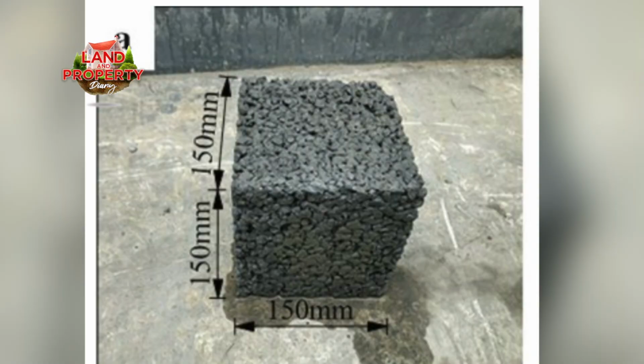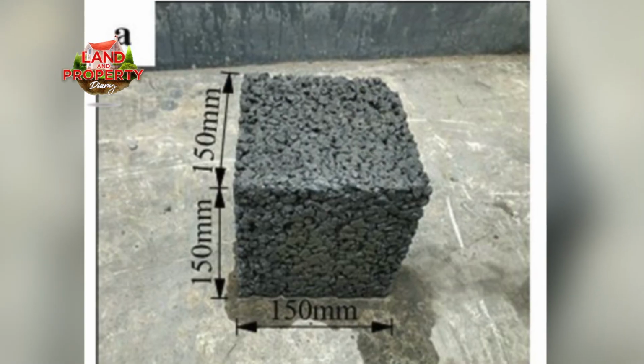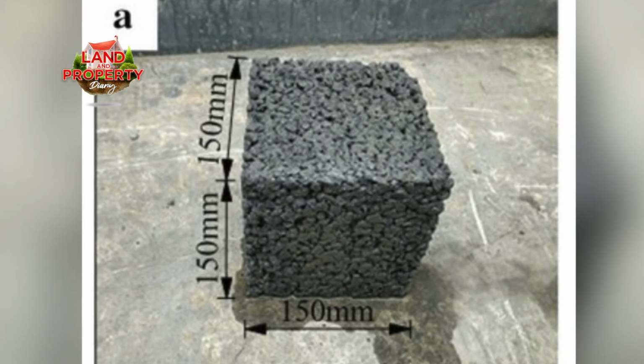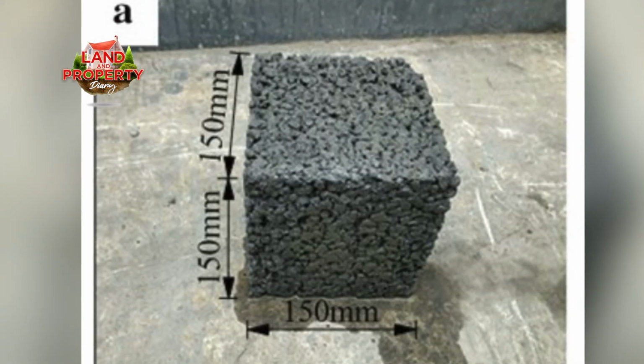And do you have testing methods to ensure that there's quality? After mixing, samples are taken in the form of cubes, a cube of 150 millimeters by 150 millimeters by 150 millimeters. After they have been taken, they are put in a curing state, whereby they are immersed in water.